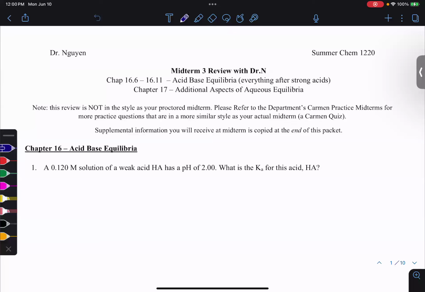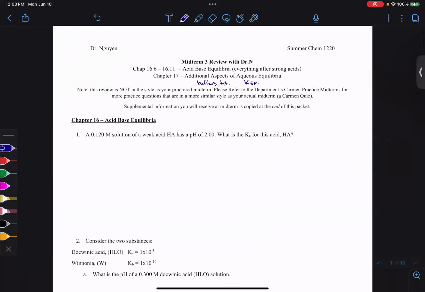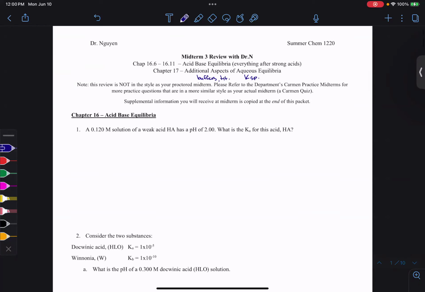Chapter 17 was buffers, titrations, what else? Ksp, those types of things. I will point out midterm 3 is a difficult midterm. This is probably the hardest midterm in terms of material and scope out of all 4 midterms. The 4th one is the easiest.